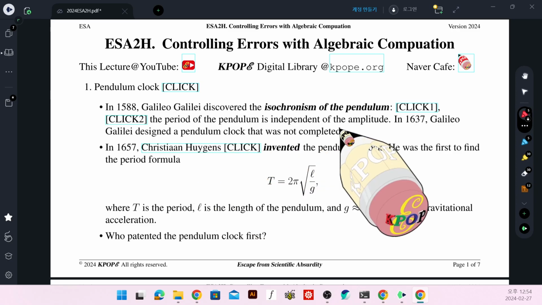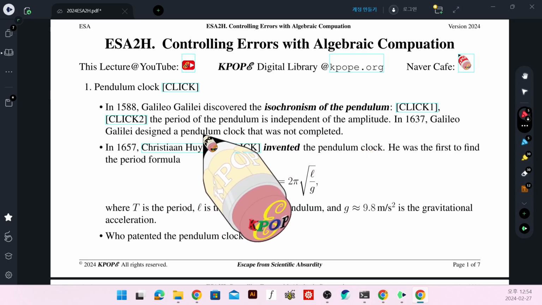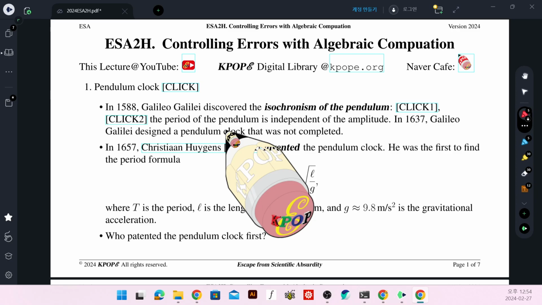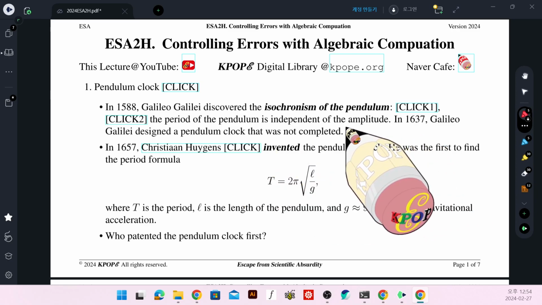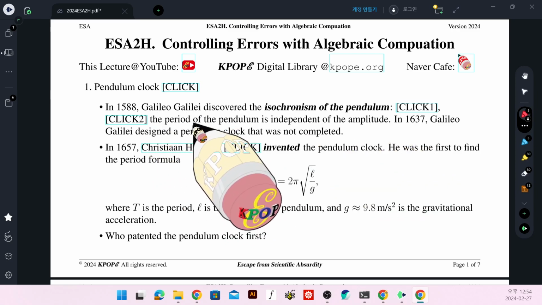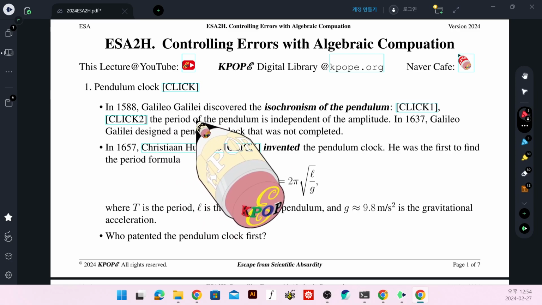The period is fixed once the length of a pendulum is fixed, and its mass is also fixed. The length of the pendulum is fixed, then it is virtually independent of the amplitude. What is? That is the period of a pendulum.